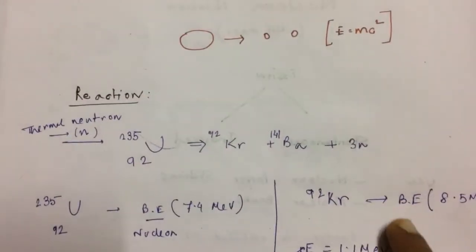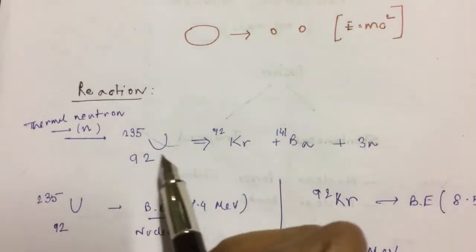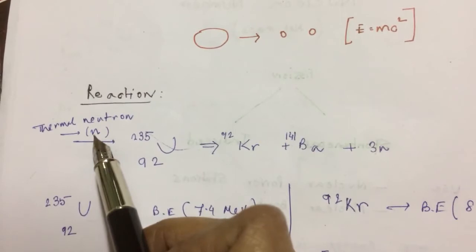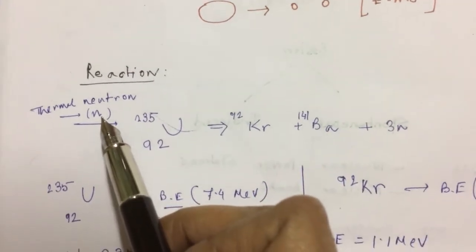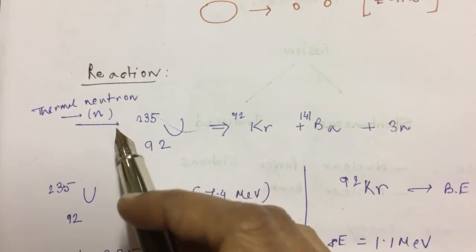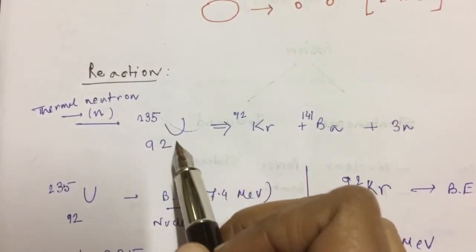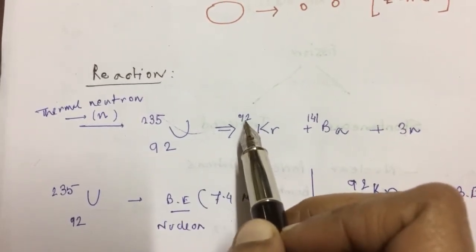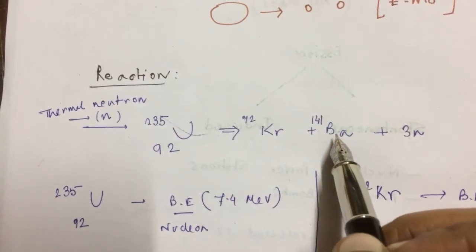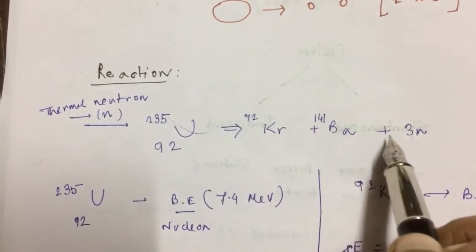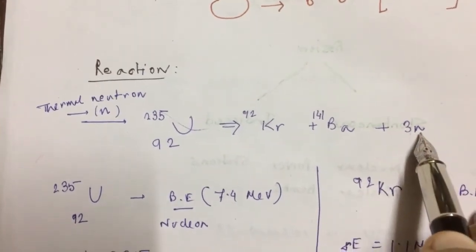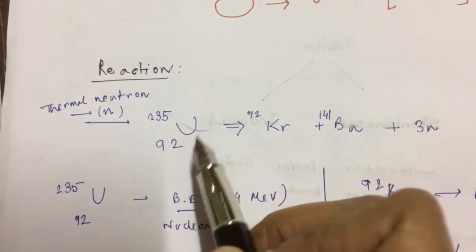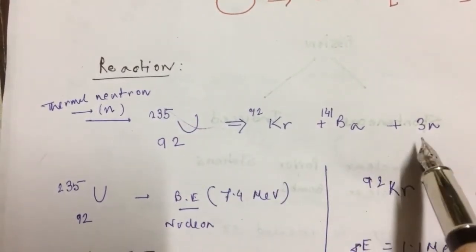For example, if we take the fission reaction for uranium, where a uranium 92-235 is hit by a thermal neutron. Thermal neutron means it's a slower neutron, a low energy neutron, and the uranium is splitting up into a krypton with 92 nucleons and barium, which contains 141 nucleons, plus 3 neutrons, and these neutrons will again hit another uranium nucleus, and again this reaction will occur.